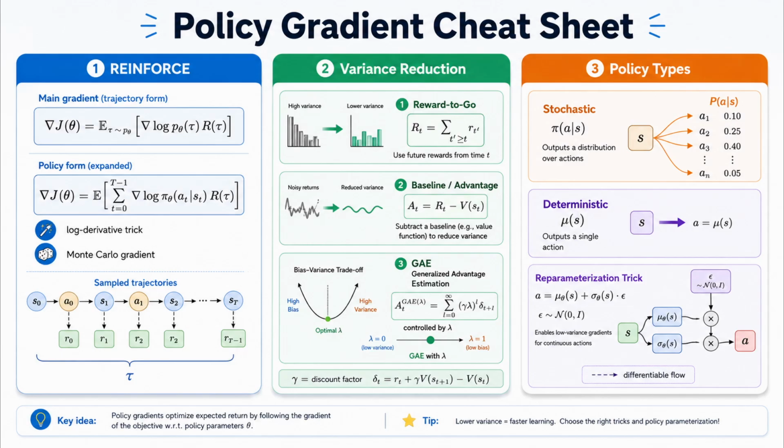Here's the key insight to carry with you. Policy gradient methods are not one algorithm, they're a framework. REINFORCE is the foundation. Every modern algorithm, PPO, A3C, DDPG, TD3, SAC, is essentially a policy gradient method with carefully engineered variance reduction, stability tricks, and sampling strategies layered on top.